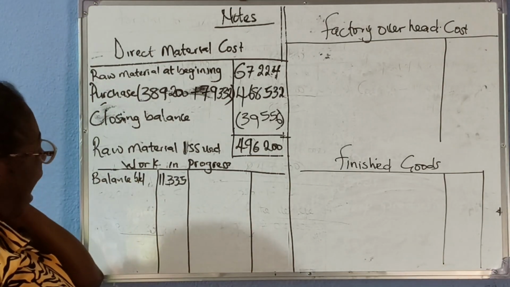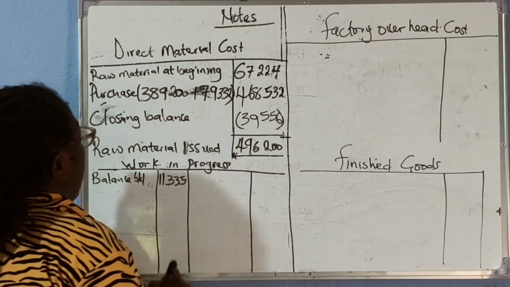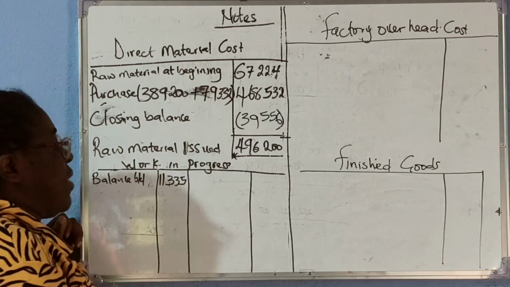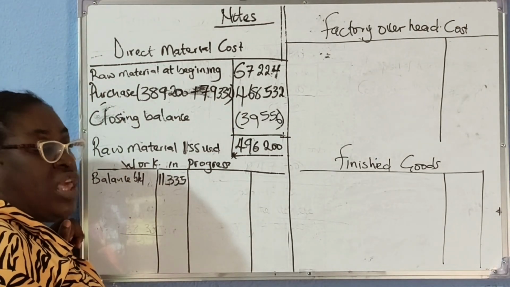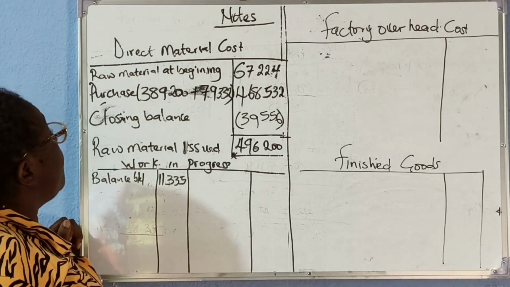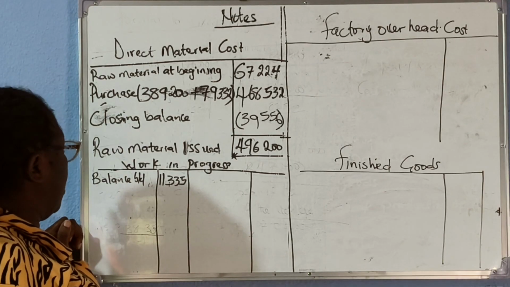So we are transferring our direct material issued. Direct material issued will be transferred to the debit side of our work in progress.